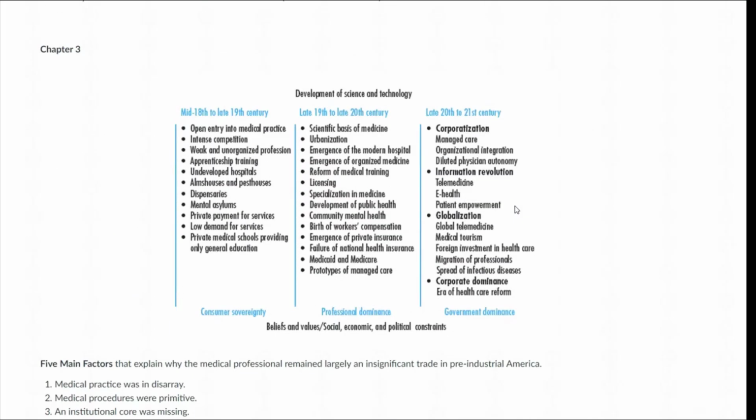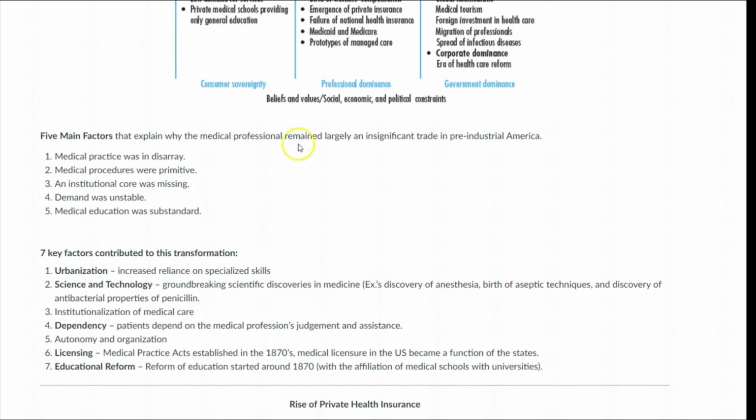And then we jump to chapter 3. Now, first is a table here that goes through the beliefs, values, and the social, economic, and political constraints when we're talking about the U.S. healthcare system. So it illustrates how our healthcare system has evolved, specifically looking at the development of science and technology.